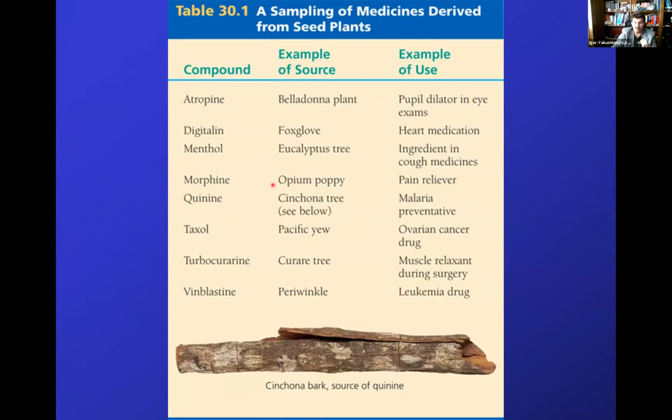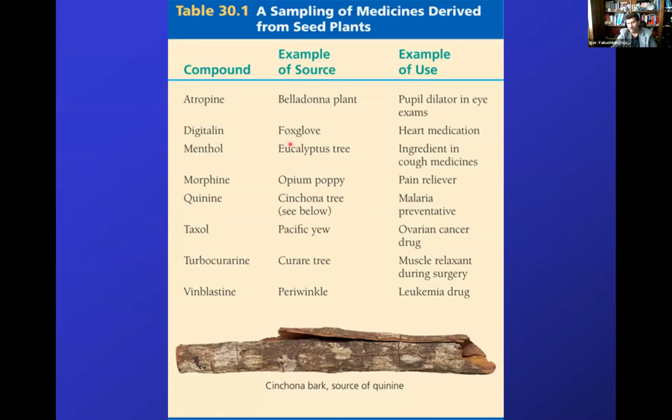some of the examples of what we are using the plants for, well, besides food. Remember I told you, food or medicine. So here we go. Some of the things which we are using the plants for, well, all of them are flowering plants. Belladonna plant, the pupil has the atropine, the dilation of the eyes.